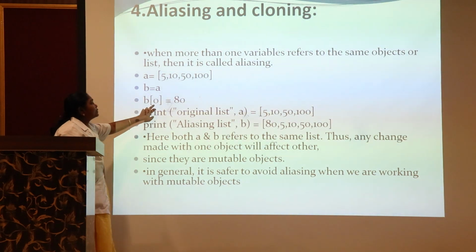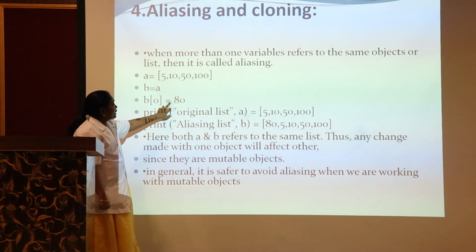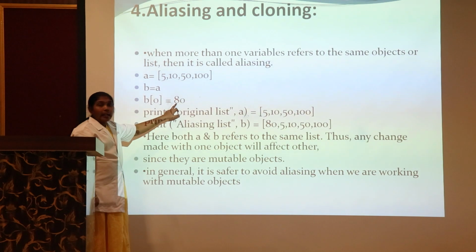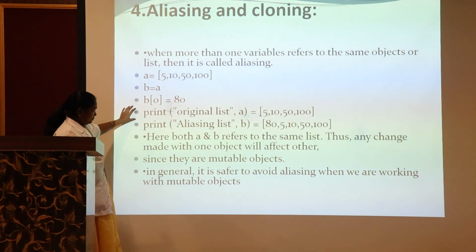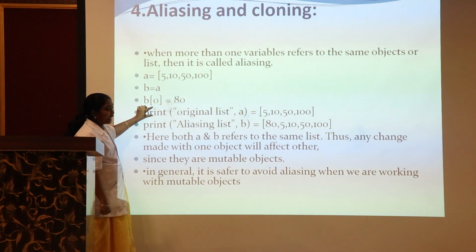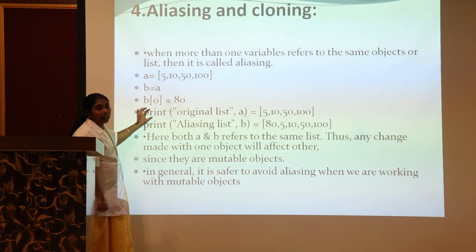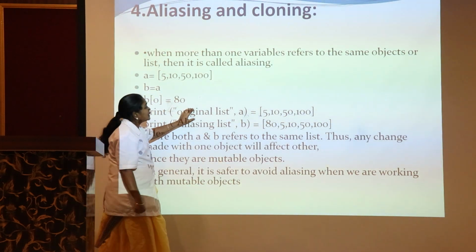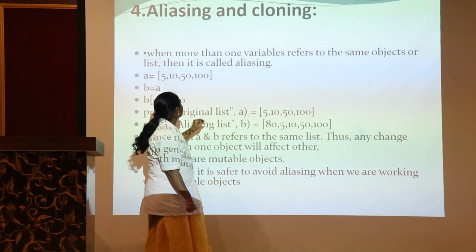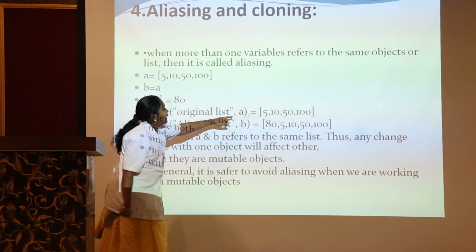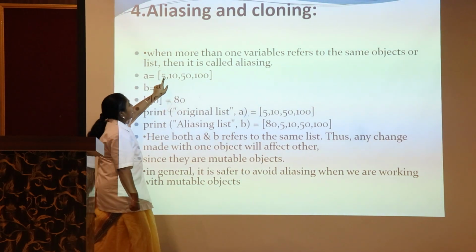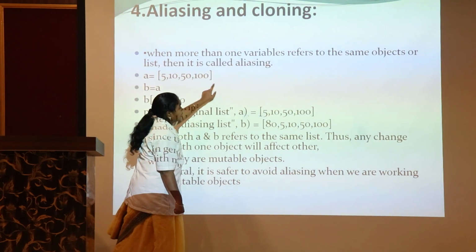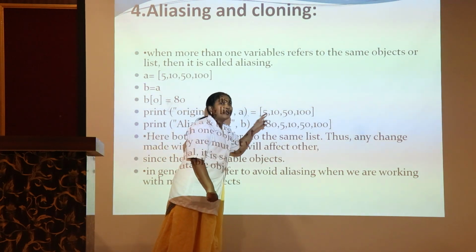B[0] equal to 80, assign the value 80. Next, I want to print the original list of A. A was already assigned 5, 10, 50, 100. The same values can be assigned.